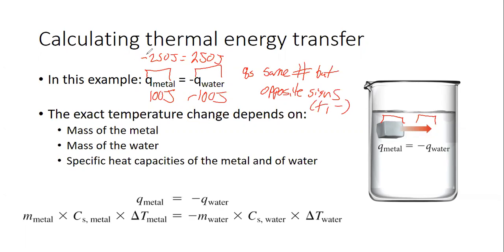So when we're doing this problem, we're doing Q's again, and we just looked at how to measure Q's. Q metal is simply mass of metal, heat capacity of metal, delta temperature of metal. Q water is mass of water, CS of water, delta temperature of water.